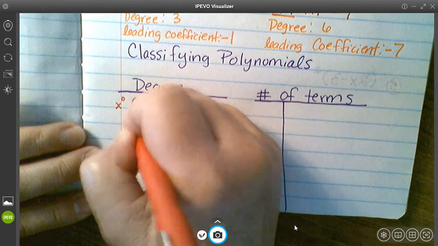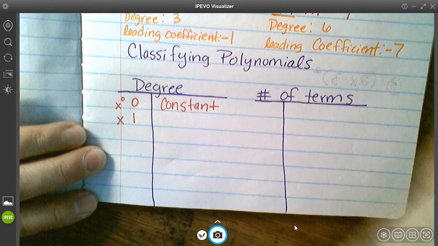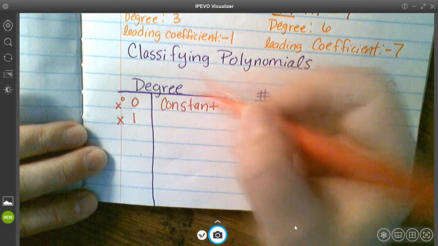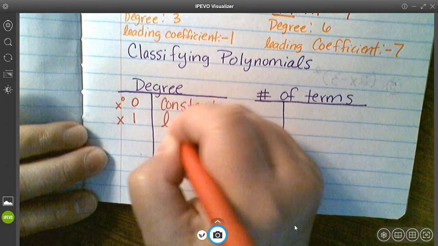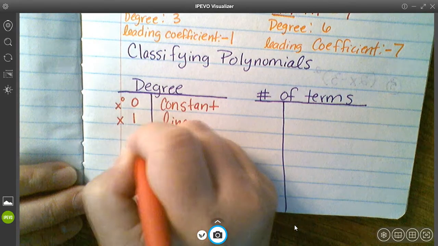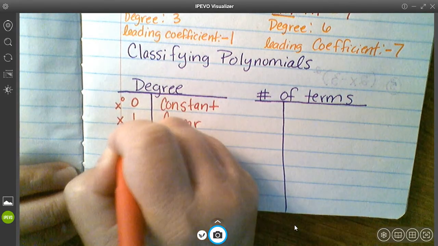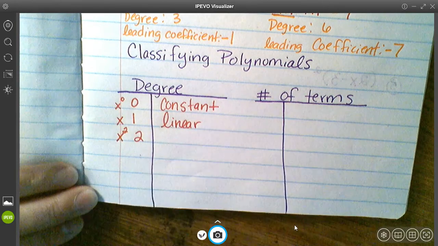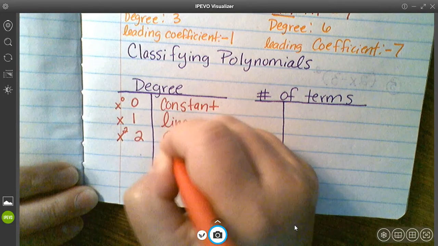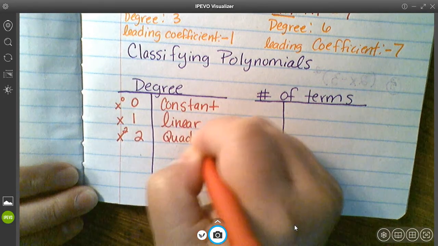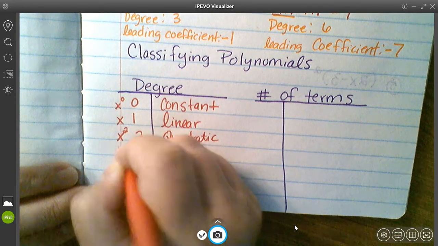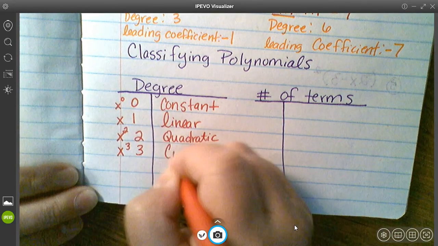If we have a degree of 1, that is just like a plain old x. That reminds us of y equals mx plus b, hopefully, which is a line, so linear. That is a linear function. If it is a degree of 2, we just finished a couple units of those, so that would be quadratic. A degree of 3 is x cubed, so cubic.